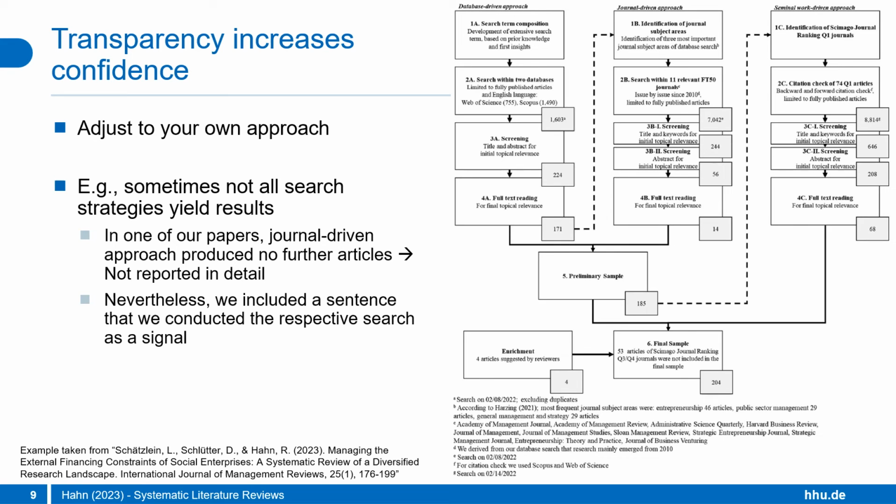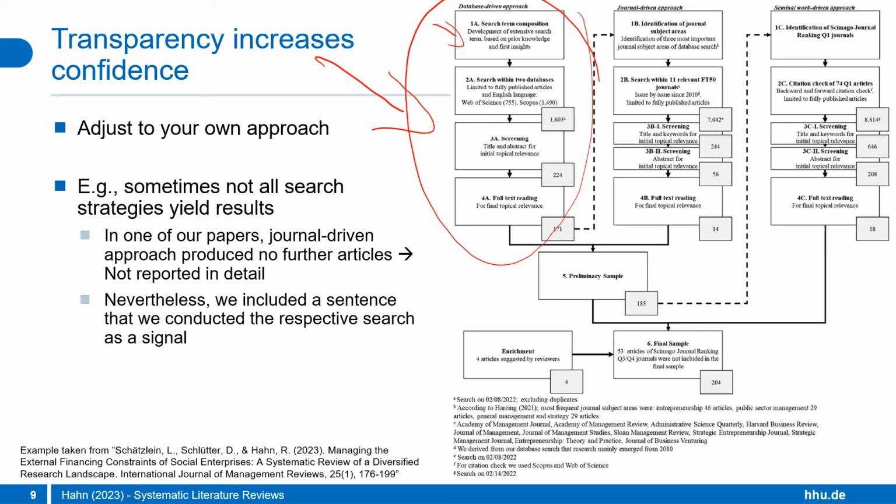Here is just one example from one of my own literature review articles, how we depicted the entire process and tried to condense it as much as possible without losing relevant content. You see here on the left-hand side, that was the database-driven approach.